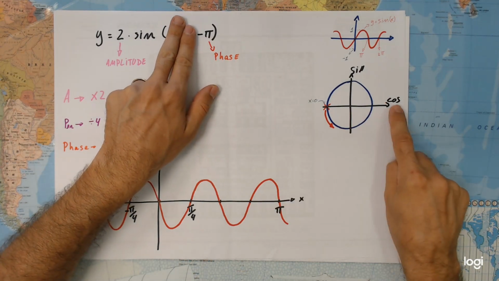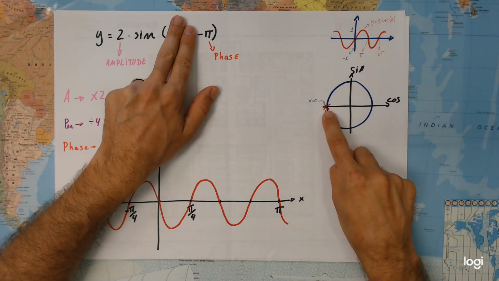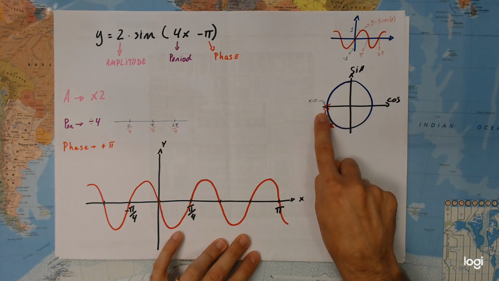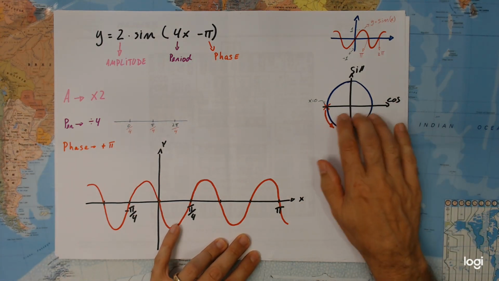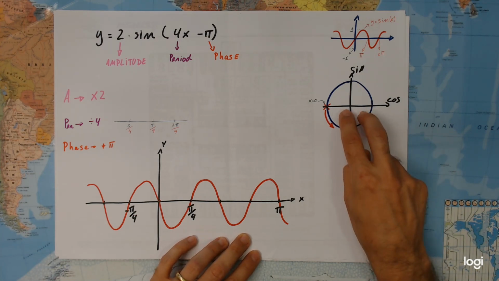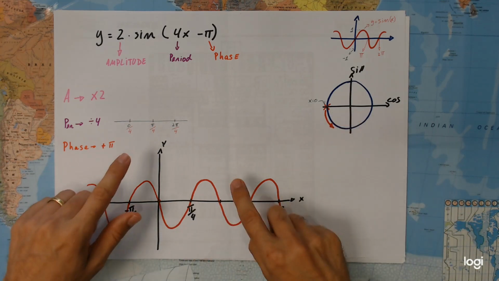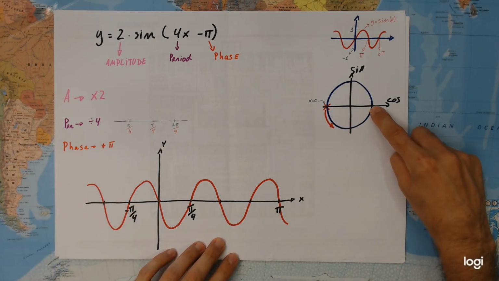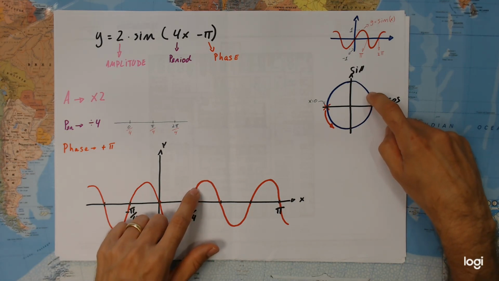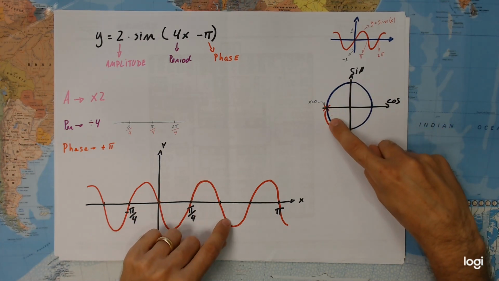We start at pi. Plus or minus pi, it is the same. It means that we are going to start at this point in here. From this point onwards, the sine is going to be negative, because remember, when we are in the third and fourth quadrants, the sine is negative. So our sine is going to start to be negative, and when we get to this point, it's going to be 0, and then it starts to go to the highest, and then again, and so on.